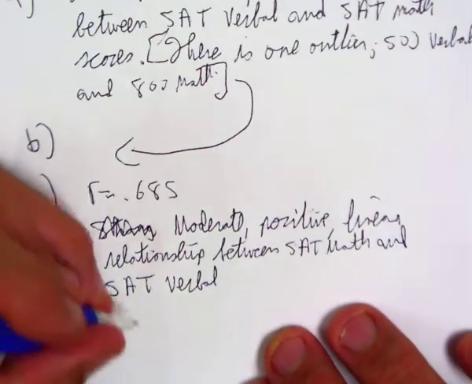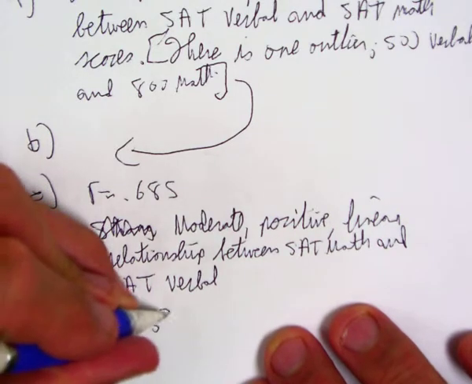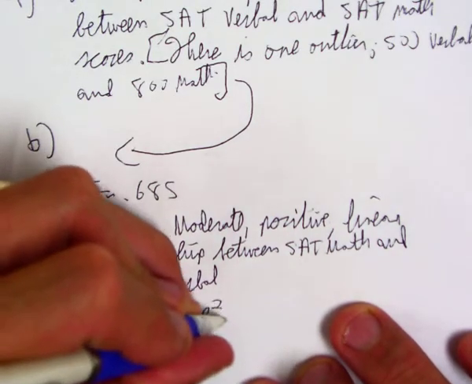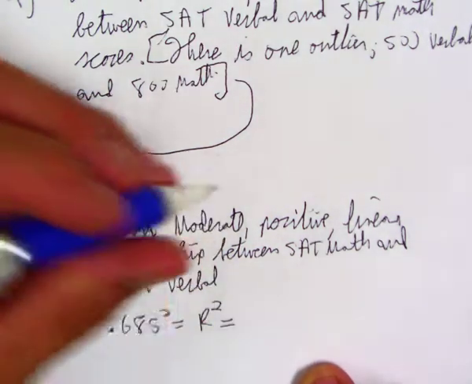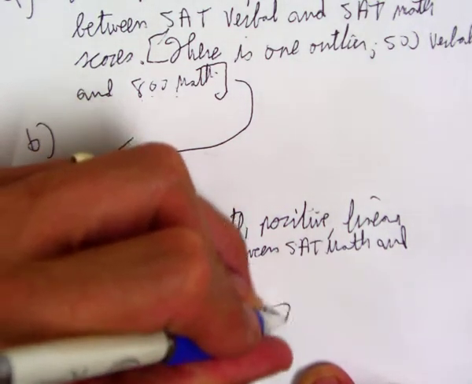Also, if we square 0.685, we get R squared. And that comes out to 0.469, so about 0.47.